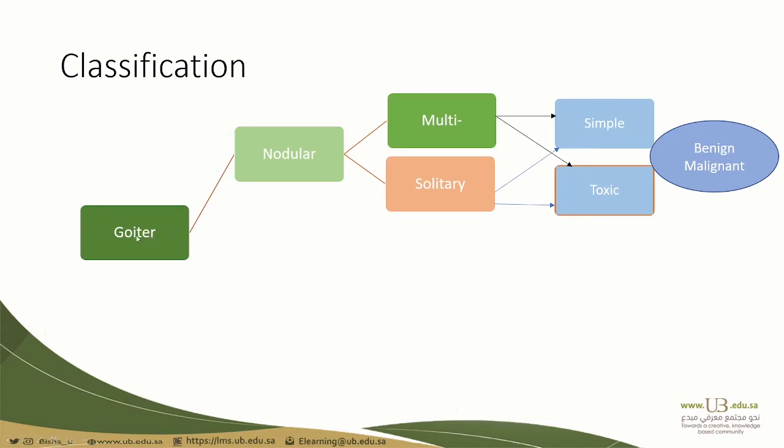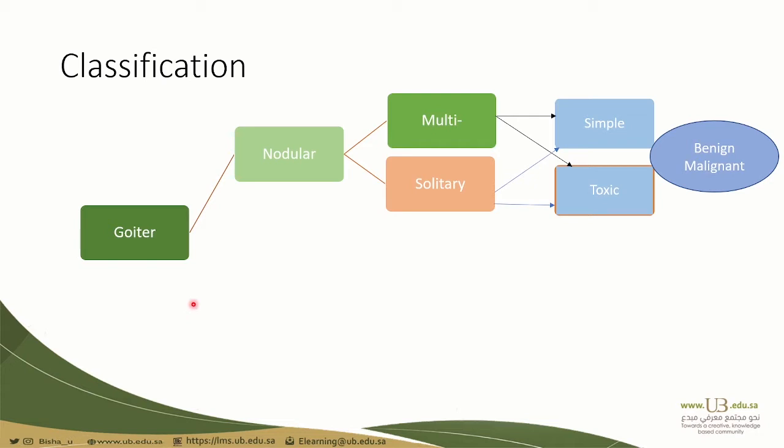So your aim, once you see goiter, to see if it is nodular or not nodular first, and then you will look for, is it multiple nodules or one nodule? After that, you will evaluate the patient whether it is simple or toxic. And at the end, you have to define, is this benign or malignant?